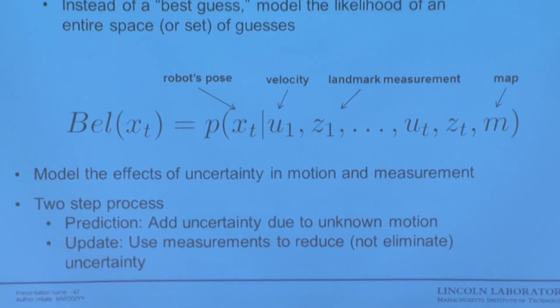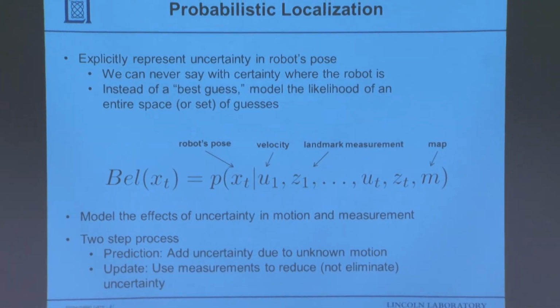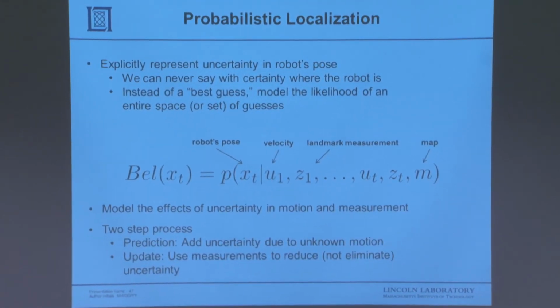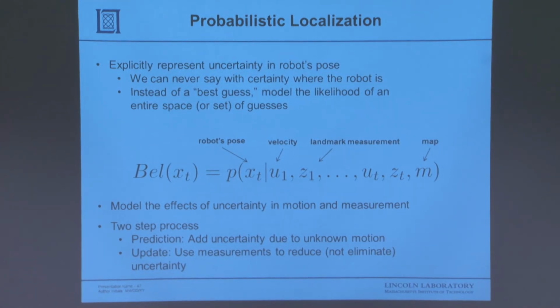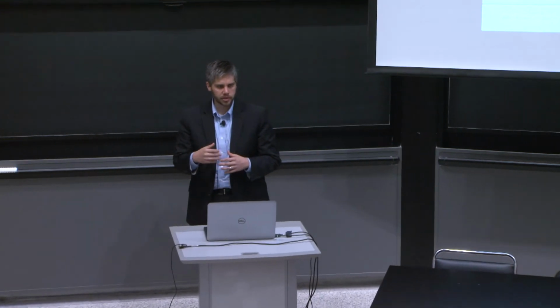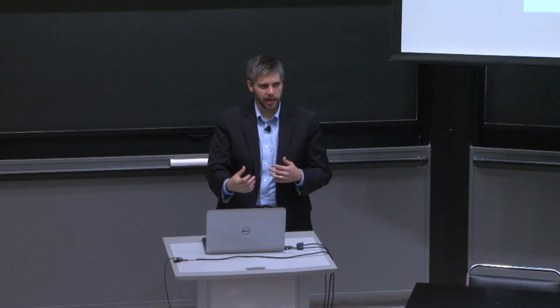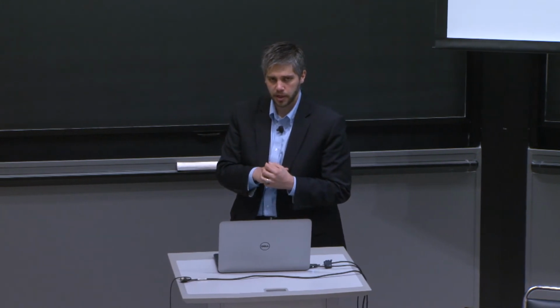So the formula is perhaps confusing, just kind of the obvious convention that our robot's understanding of its current position is a function of its previous position as well as the step that we made to our current position as well as our observations of the environment and our prior map.